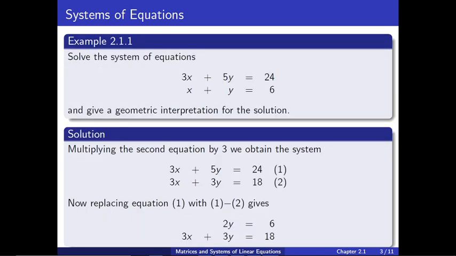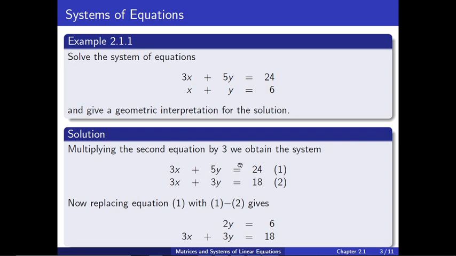So let's start off with our first example, example 2.1.1, and it says solve the system of equations, where the system has 3x plus 5y equal to 24 and x plus y equal to 6, and give a geometric interpretation for the solution. To solve this, we'll first multiply the second equation by 3, and we obtain 3x plus 3y is equal to 18.